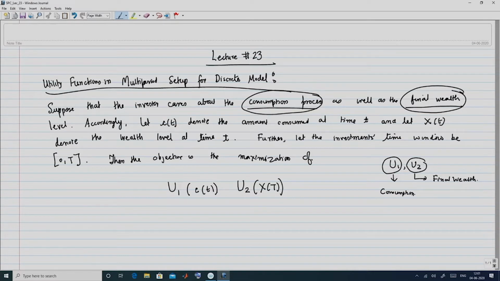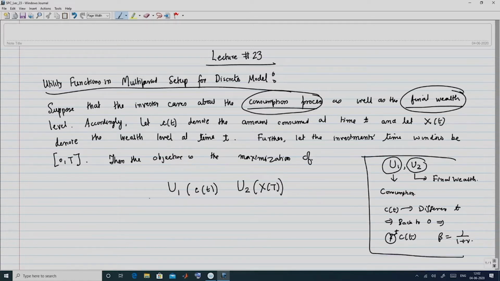Now, this u1 of c t happens at different times. So, these are values obtained at different times t, and so we bring it back to time 0, and this gives me u1 of c t times beta raised to t. So, this is some discount factor. So, for example, this beta could be say 1 over 1 plus r.